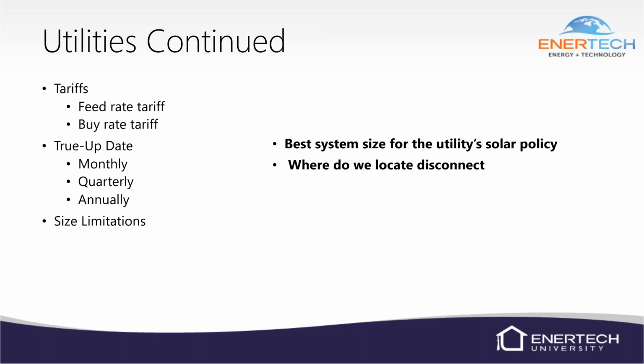Yeah, the true update is really like cell phone rollover minutes, if you think about it like that. At a certain point, whether it could be daily, monthly, quarterly, the utility is going to true you up, and it depends on where you're at in the country or which utility, but it just means when they're going to start you back to zero.